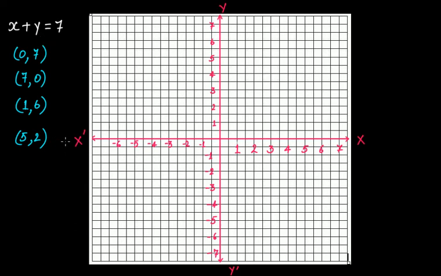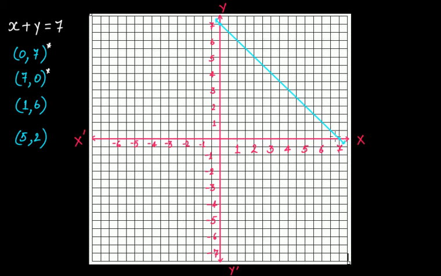Let's draw these two points, (0, 7) and (7, 0). (0, 7) is this point, because x is at 0 and 7 is here, and then (7, 0) will be here. It means that x is 7 but y is 0.